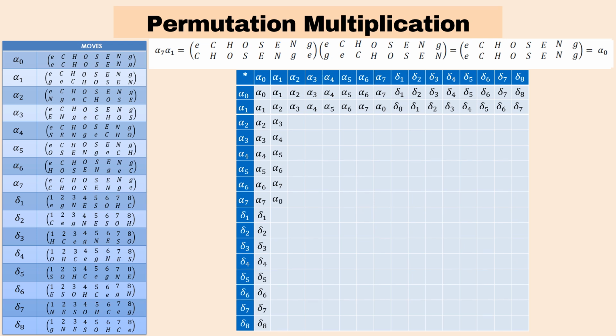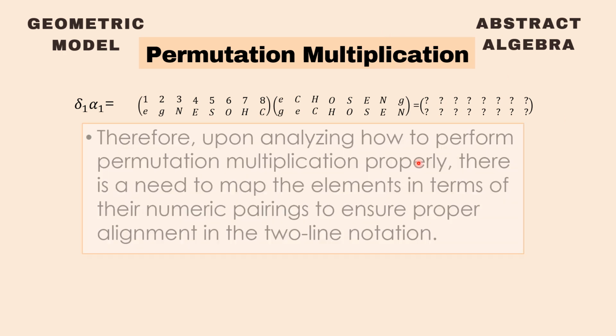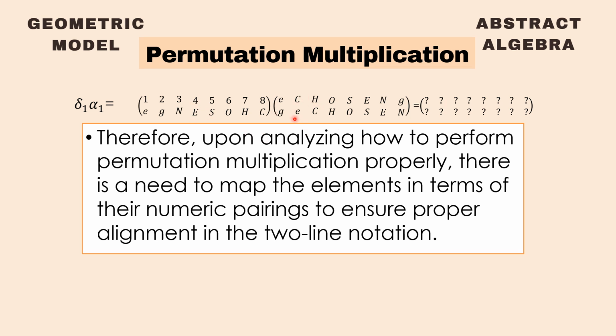Now let's see the permutation multiplication of delta to alpha. So, I assigned numeric values to the elements for easier mapping because you cannot map this. E.g., where's the letter in the first row here? So, you cannot map. Therefore, upon analyzing how to perform permutation multiplication properly, there is a need to map the elements in terms of their numeric pairings to ensure proper alignment in the two-line notation.